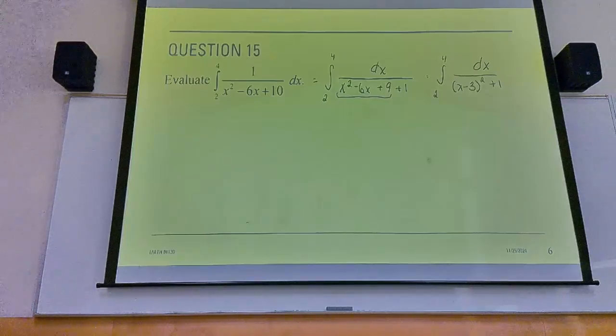u is x minus what? What's du? What's the new lower limit?